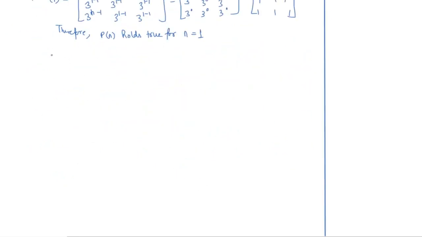Now let the result be true for n equal to k. So P(k) is such that A^k is 3^(k-1) times A.